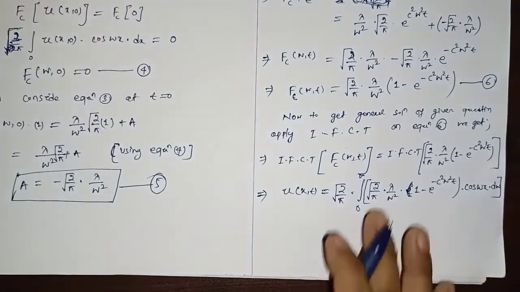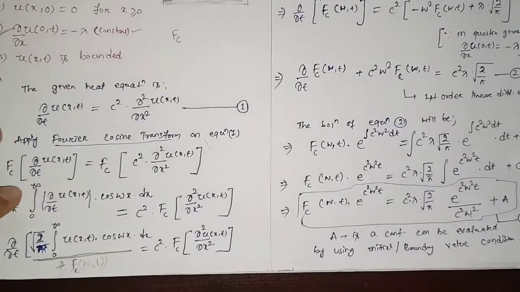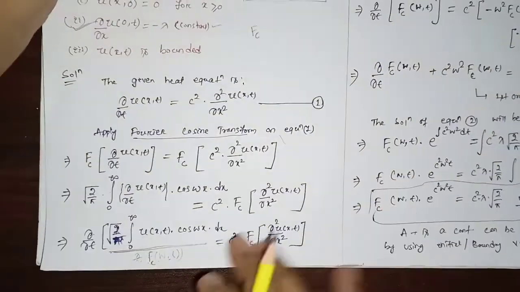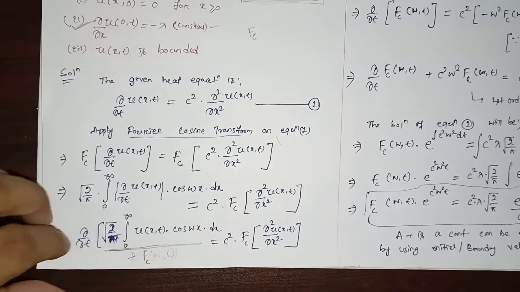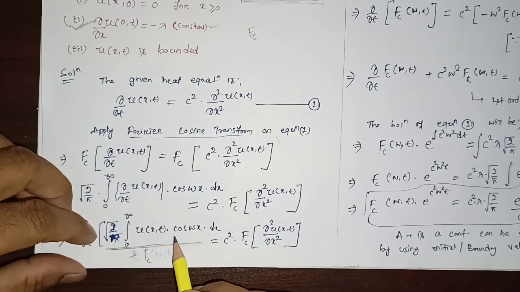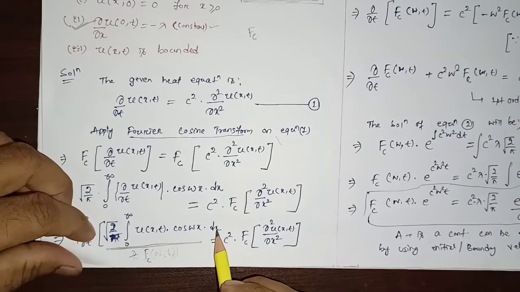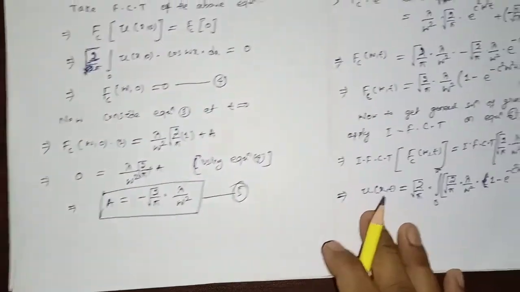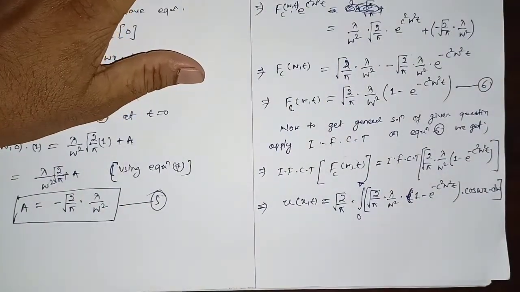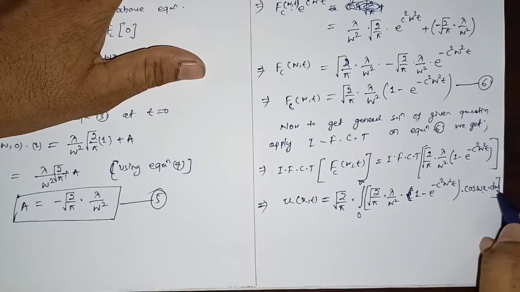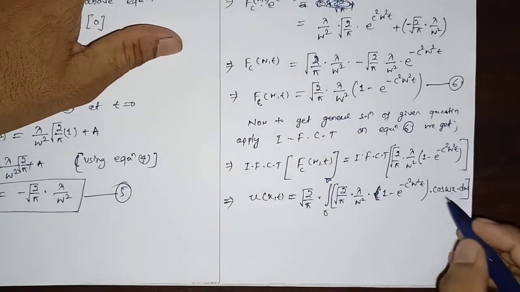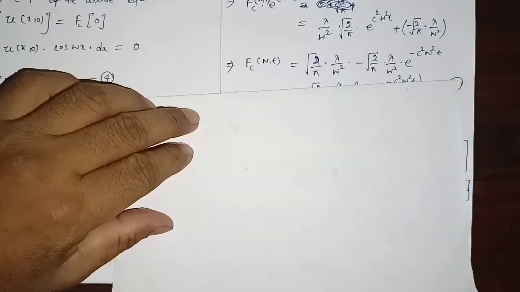Whenever we consider the Fourier transform, here the Fourier transform is applied over x, and we have to write dx, then the corresponding inverse Fourier cosine transform will be cos omega x d omega.